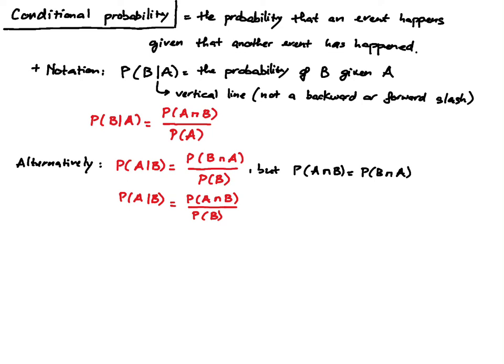Now that leads me to the first lesson for you guys here, right? Which is that whatever you are conditioning on, you should be dividing by the probability of that event.